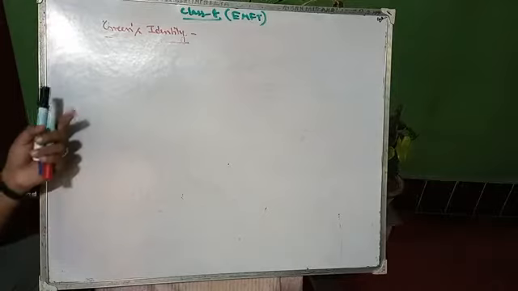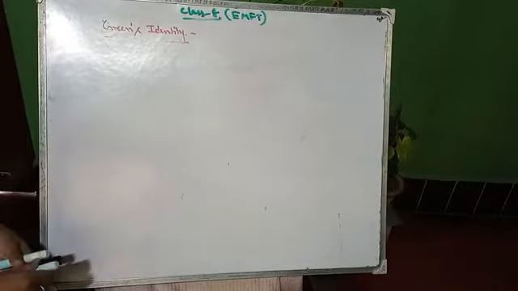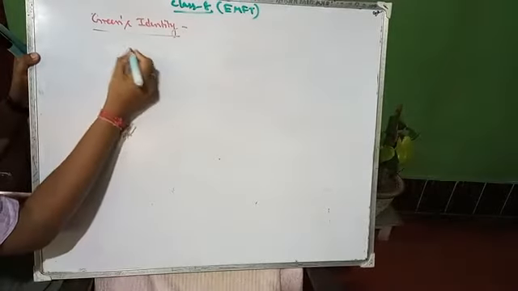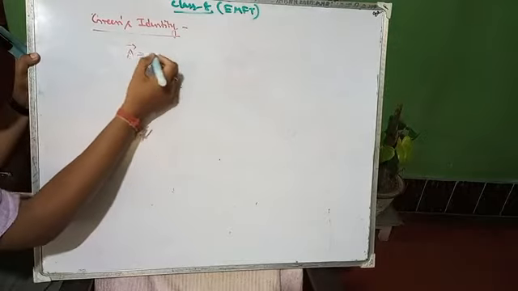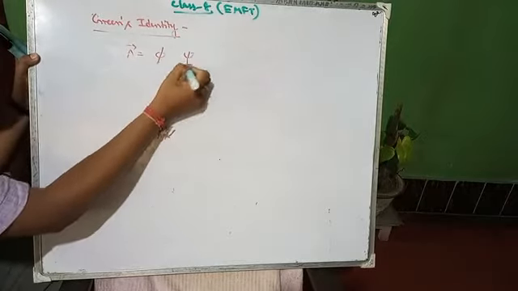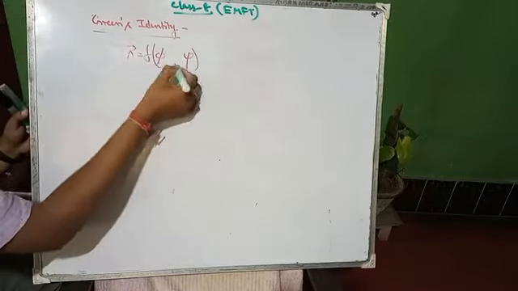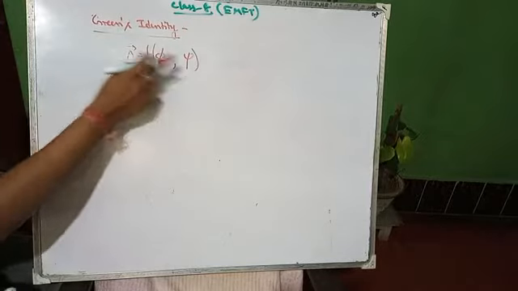So before starting Green's identity, suppose A is a vector which can be formed by two scalar components, phi and psi. Suppose A vector is a function of phi and psi.